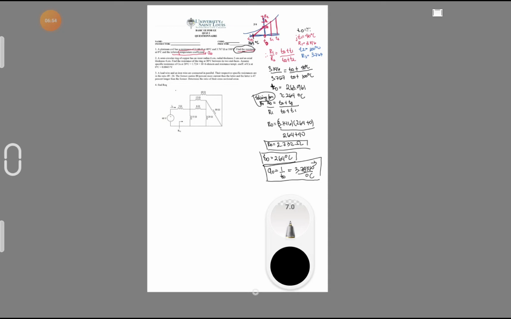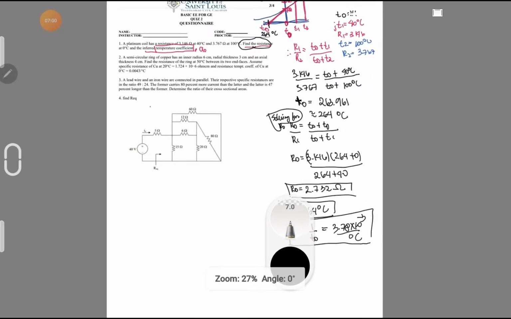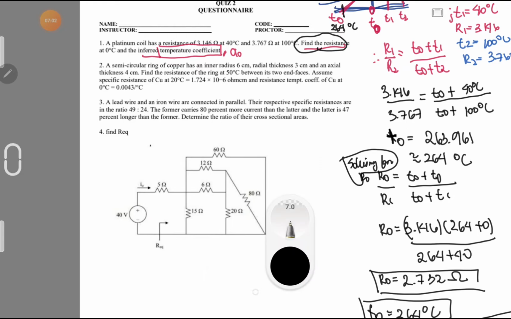So this is our solution for number 1. Now number 2: a semicircular ring of copper has an inner radius of 6 cm, a radial thickness of 3 cm, and an axial thickness of 4 cm.